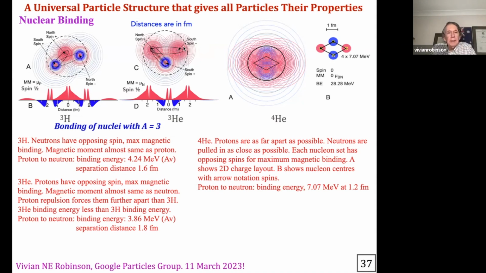We now go to 3H and 3He. The two protons have different spins so that they can get some magnetic binding to each other. One of them is bound to the neutron. One of them will have some magnetic binding, the other one won't. The protons will try to push each other far apart, which is why the distances are a bit further, and they have a slightly weaker binding energy per proton-neutron bond.